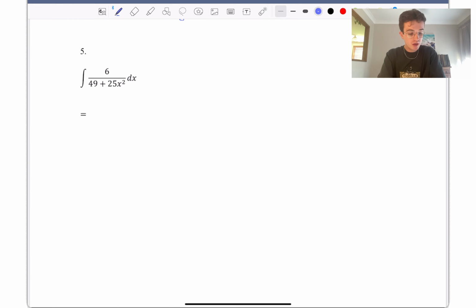The only way I'm going to get a 1 there is if I divide this by 49. So let's take out a factor of 49. Now we've got a 49 on the bottom, so let's take that out to there. We always bring constants out to the front of an integral.